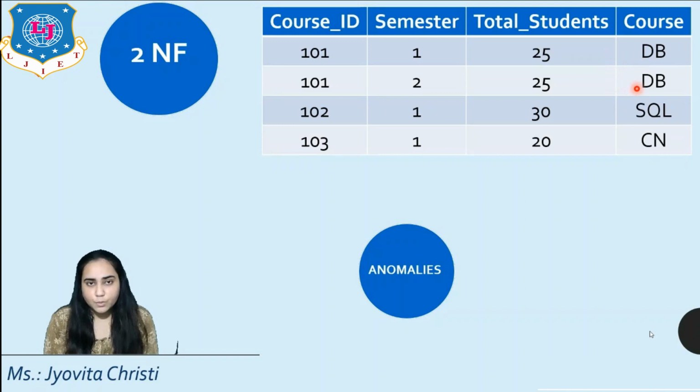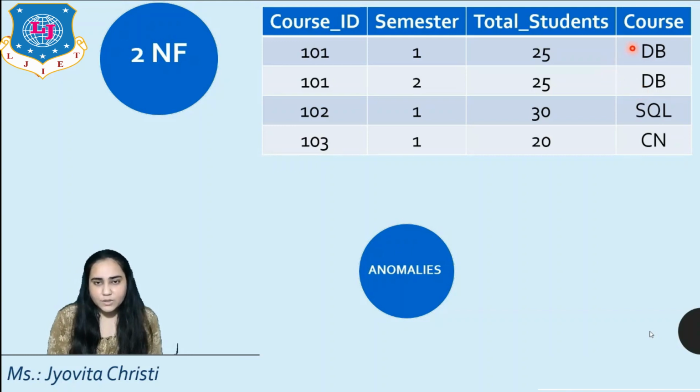DB is coming twice. And this is just a small table, it's just a sample of a big database. But in reality, if you look at a database, it's going to contain a lot of values. The database does not simply contain a table that has just 4 columns and 4 rows. That's not it. It would contain many rows.